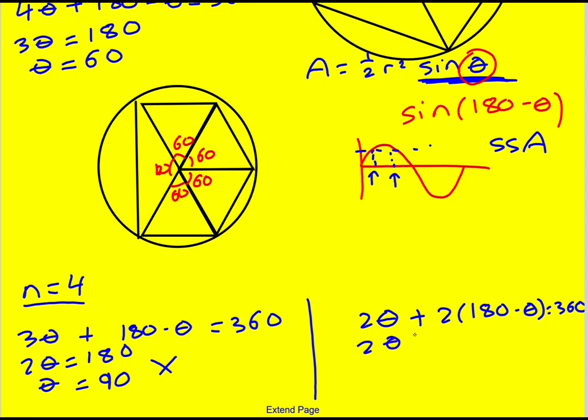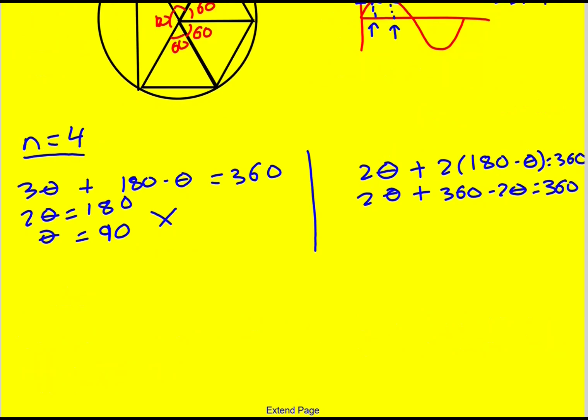So then 2 theta plus 360 minus 2 theta equals 360. And actually, this is always true for any value of theta. So what we're saying here is that we could draw a circle.